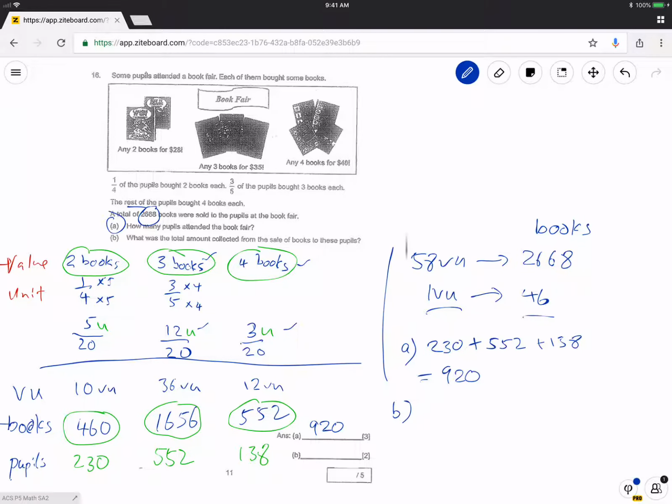Next, part B. What was the total amount collected from the sale of the books to these pupils? Now you see, you have to look at 2 books, $28, 3 books, $35, and 4 books is $40. So how many pupils bought 2 books? That's 230, right?